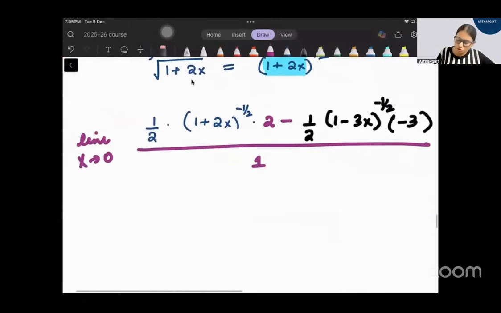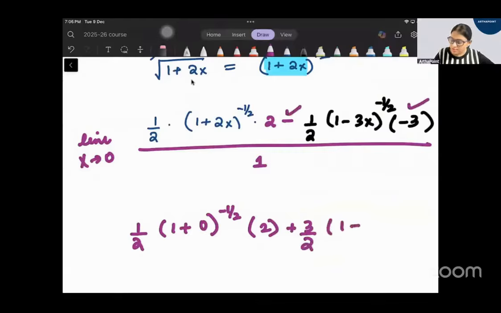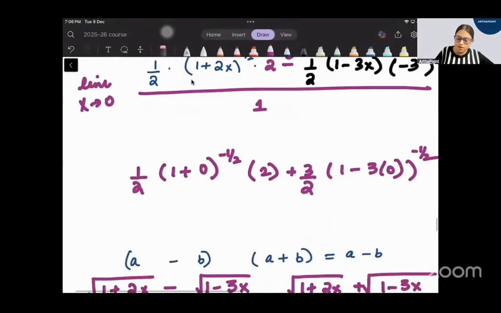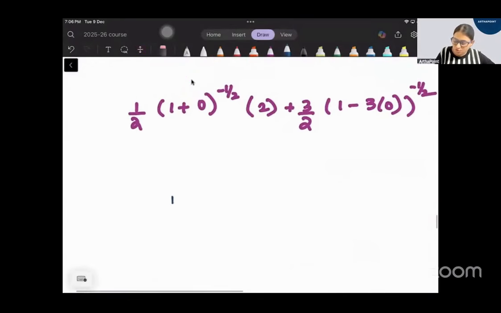Limit x tends to 0. Now just plug in the value. 1 plus 2 into 0 is 0, to the power minus half, into 2. And this will be plus 3 by 2, because this is minus and minus. And this will be 1 minus 3 into 0 to the power minus half, right? So this is just going to be 1.